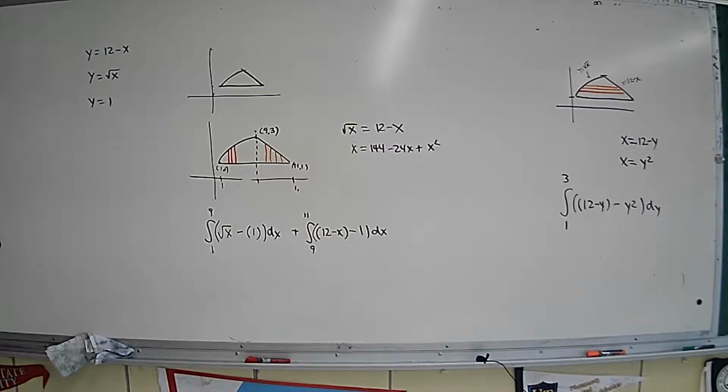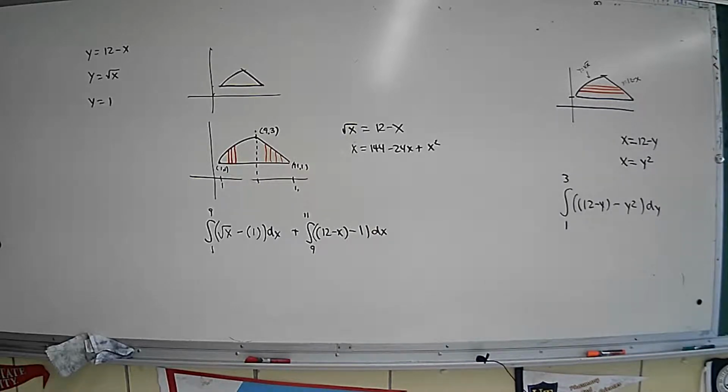You could also make the argument which one might be easier based off of what the antiderivative is. If you actually physically had to compute it, which one's easier? I'm going to say this one. Why do I think this one's easier? This is Scott Mitter. Why does Scott Mitter think this is easier?